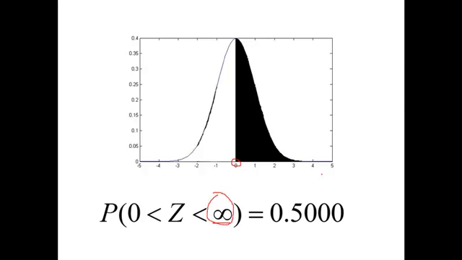And I can say the table lookup for infinity is 0.5, because remember, when I looked at that original table, when I get to 3, it gets to 0.4987 or 0.4988, and it's so close to 0.5 that it's such a small difference. So we have a 0.5 here for z greater than 0.